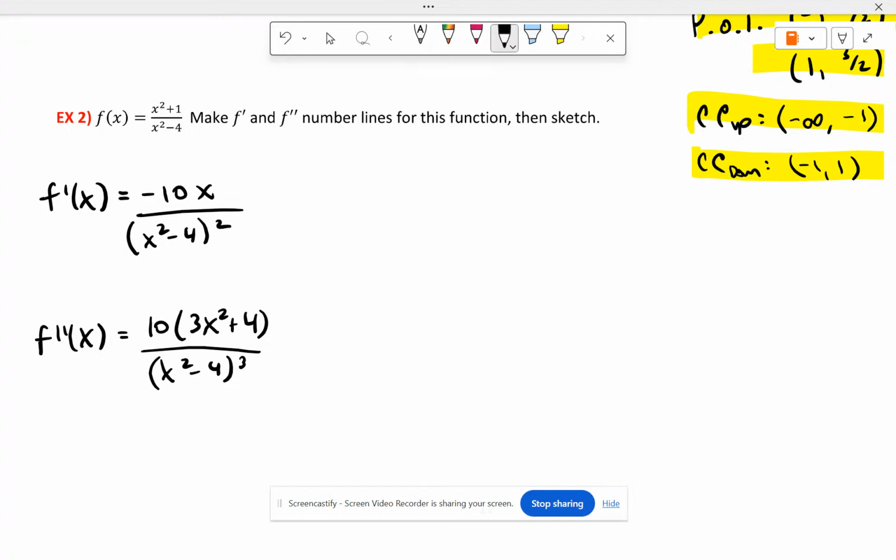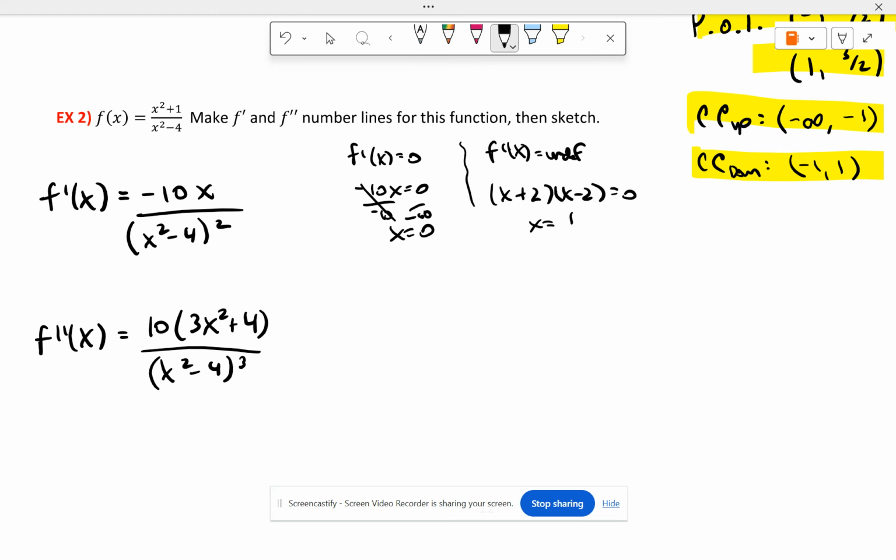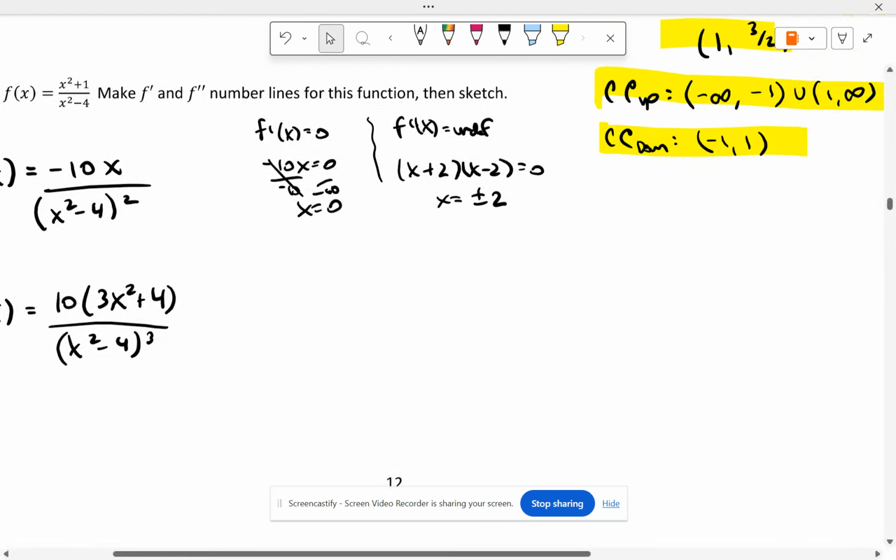All right, so let's find where the first derivative is equal to 0, and then let's find where the first derivative is undefined. First derivative is equal to 0 at 0, and then it's undefined at plus or minus 2.